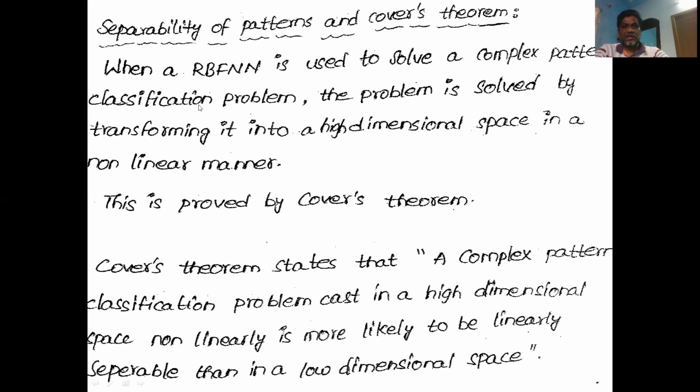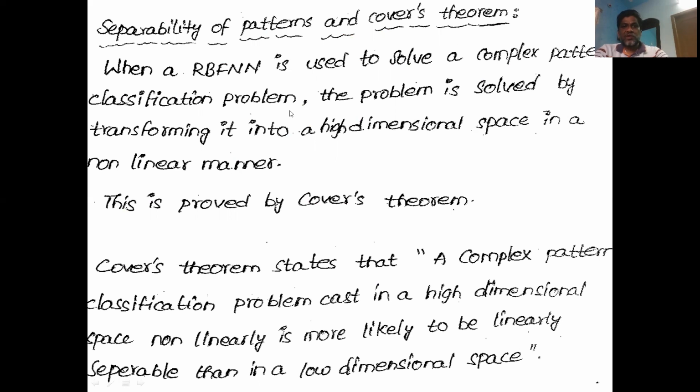When a radial basis function neural network is used to solve a complex pattern classification problem, the problem is solved by transforming the corresponding input space into a high dimensional space using some nonlinear functions.